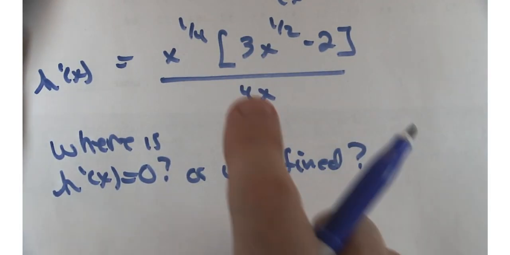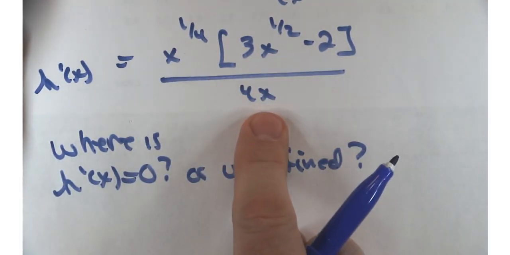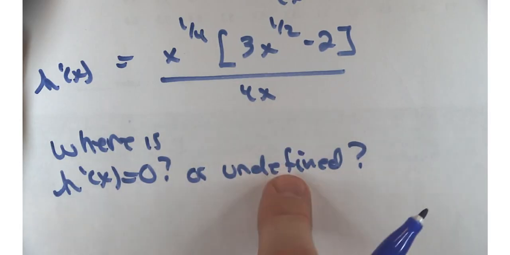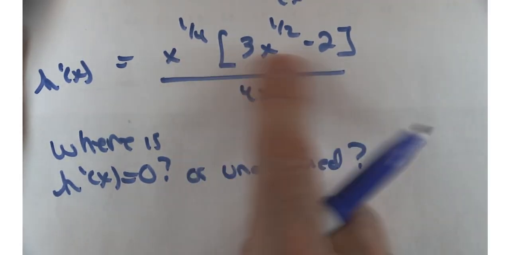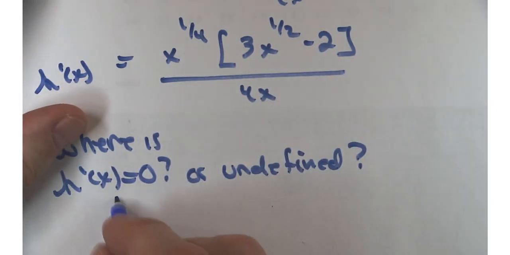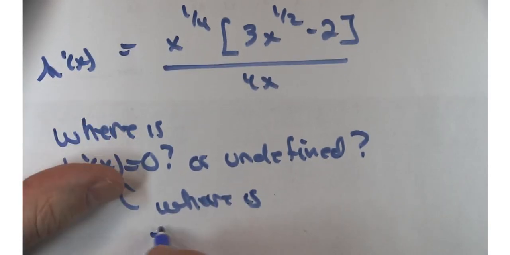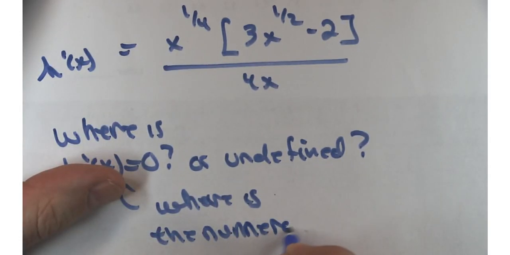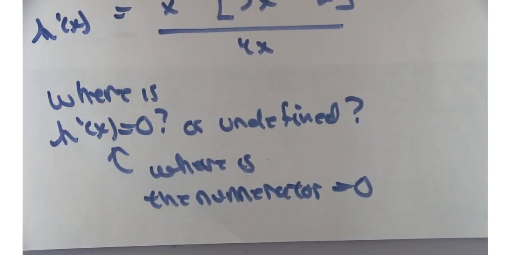All right, so we're going to take x equals 0 out of this because we've already got x equals 0 as part of our answer from the bottom. But what we have to do is figure out where the numerator equals 0. Okay, let's work on that part.